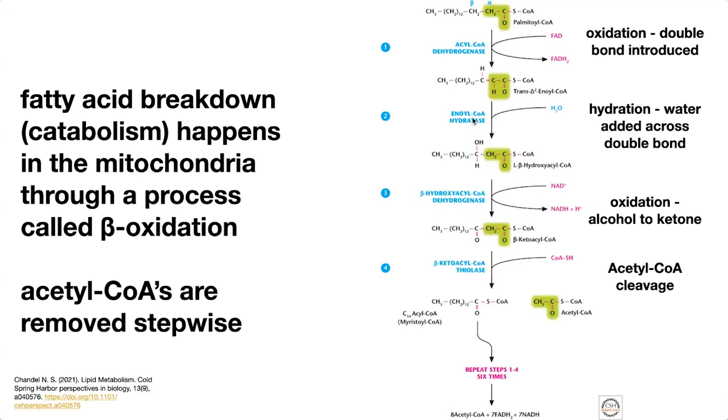Don't worry about the details of these reactions, but basically before we had a bunch of reductions, now we have a bunch of oxidations. We're going to be doing these oxidations using both FAD and NAD+ to give us FADH2 and NADH.